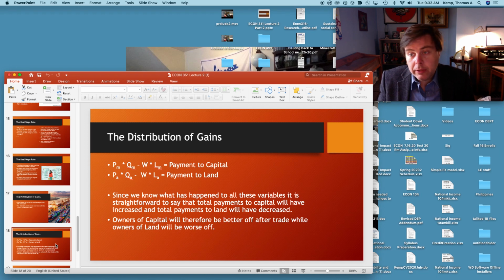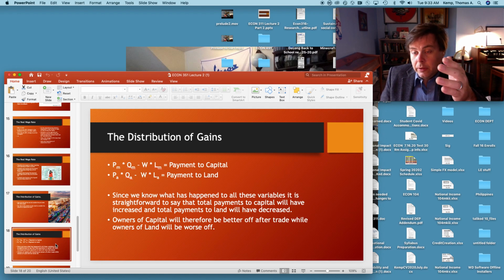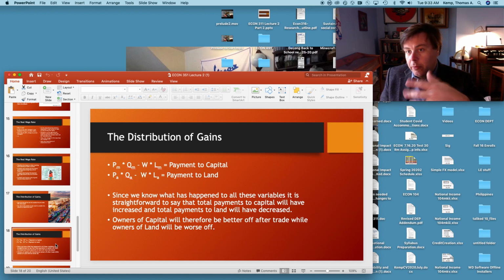So we know that in absolute terms, return to land has fallen. Okay, so if your resources are stuck in a given industry, and suddenly your country can start importing that thing from the rest of the world at a lower cost, for sure, you're worse off. For sure you're worse off because you can't get out of this declining local industry. You're stuck in it.